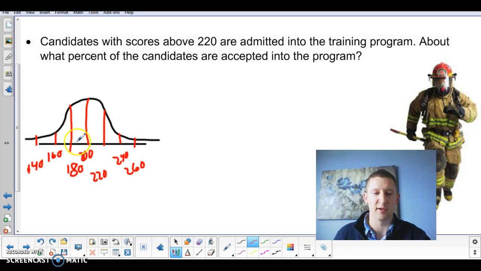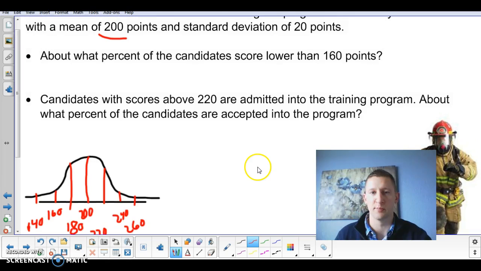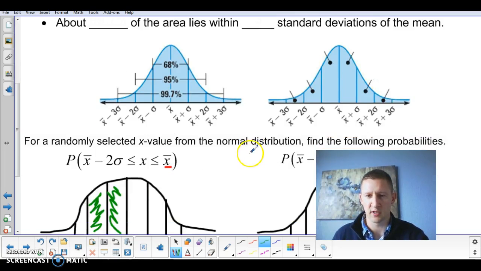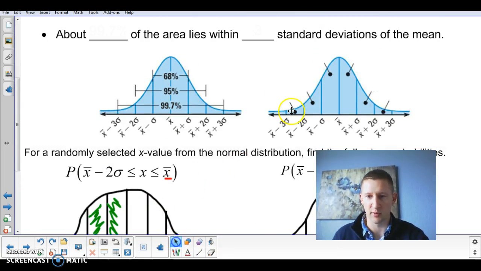With a diagram, I think it makes it a little bit easier to answer the questions that are posed to us. So about what percent of the candidates score lower than 160 points? Anybody that's less than 160 points is going to be somewhere in this region or this region right here. What percentages exist in those particular spots based on our normal distribution? If I go back to the previous set of notes, I know that 0.15% is beyond 3 standard deviations, and 2.35% will be right here.